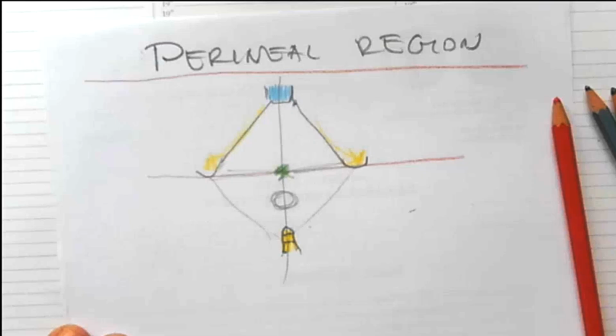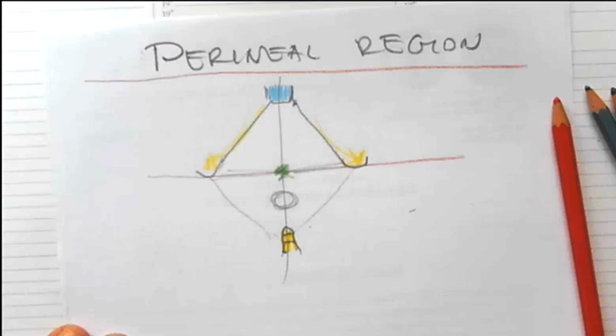This is the urethral orifice, and that one is the vaginal orifice, correct. And the ischial tuberosity.